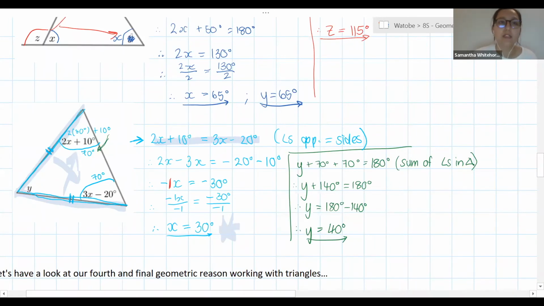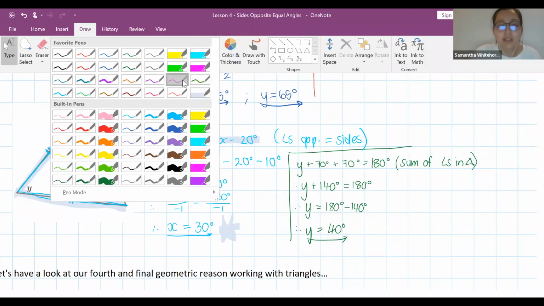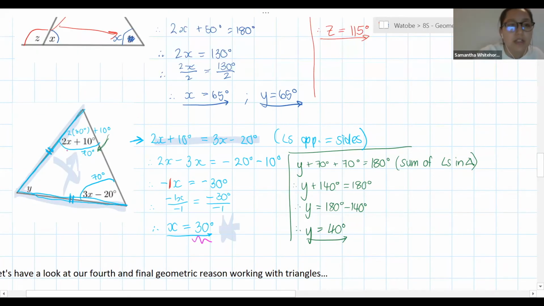Once I knew that x equals 30, I could take this 30 answer and substitute it back into my angles here. And so we've got the 2 times 30 plus 10, which gave me 70, and the 3 times 30 minus 20, which also gave me 70. That makes sense.